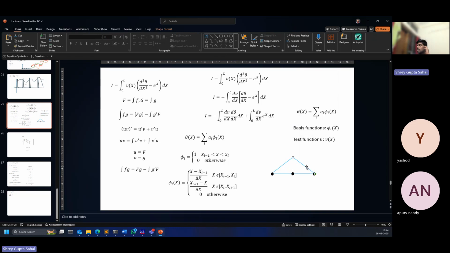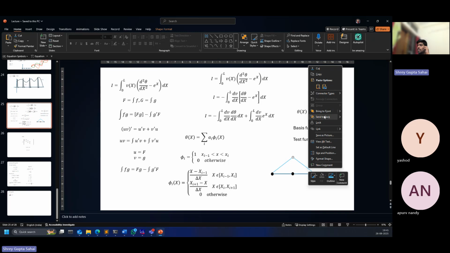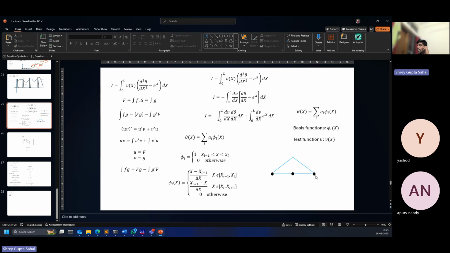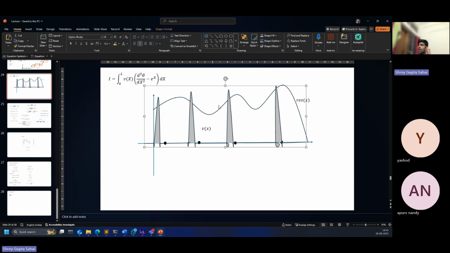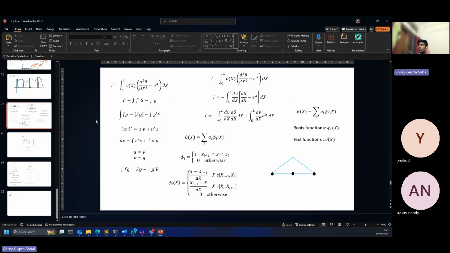Galerkin's method is characterized by stating that the shape function and the basis functions are the same. Let's go back to this picture. You see how this function is similar to this one, where more weightage is given at the center of a node, near a node, and the weightage keeps decreasing away from the node, right? So this is the hat function.